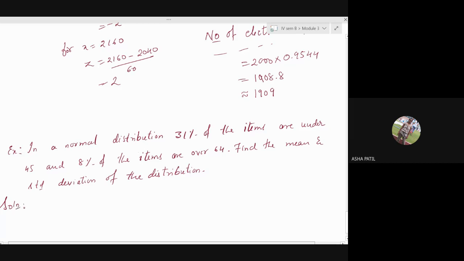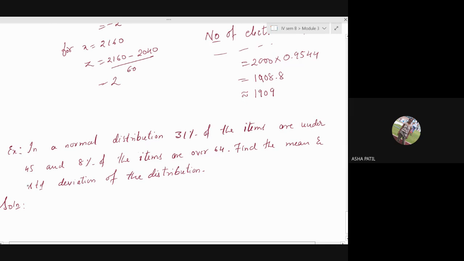First, see what the question is, understand it clearly. Usually this type of example will also be asked. How to write it? In the normal distribution, 31% of the items are under 45.